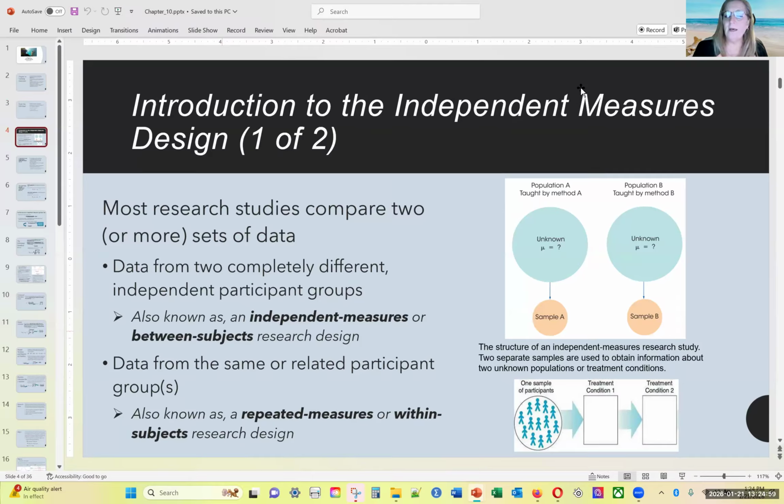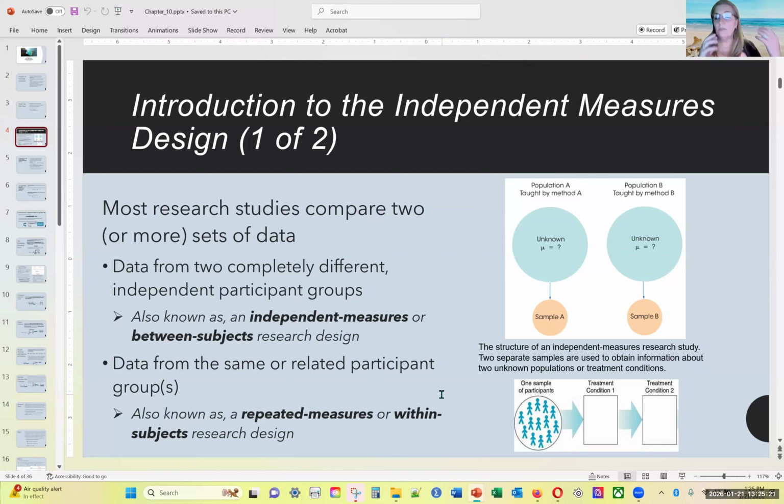All right, so the independent measures design. Before we were looking at calculating the t-statistic if we collected one sample from a population of interest to see if there was a difference between a treated sample and the population.